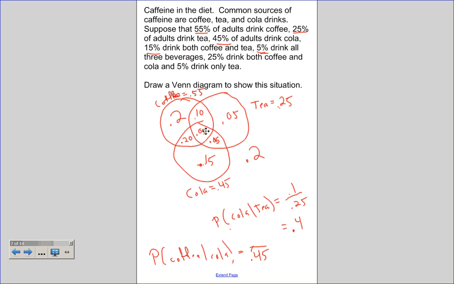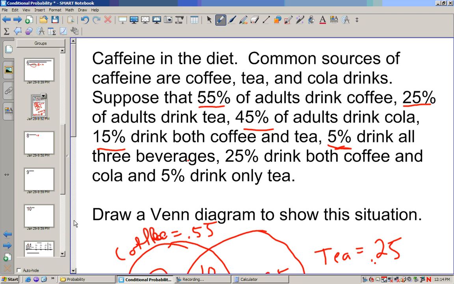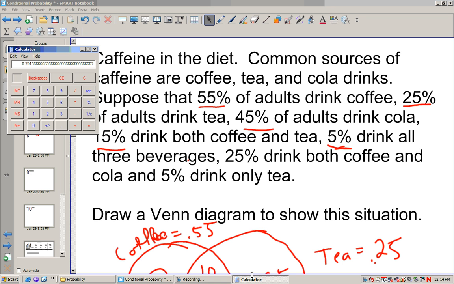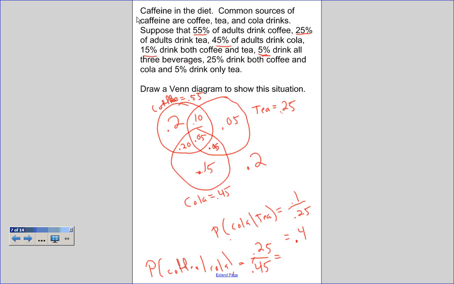Well, it's 20 and 5, so that's 25%. Now I can't do this in my head, so we have to do 0.25 divided by 0.45, and that answer would be 0.5 repeating. So this answer is 0.5 repeating.